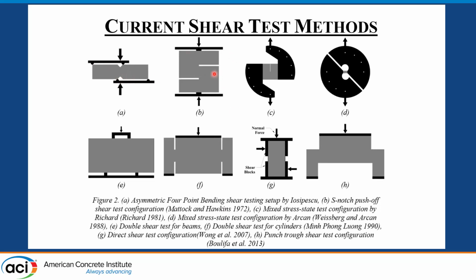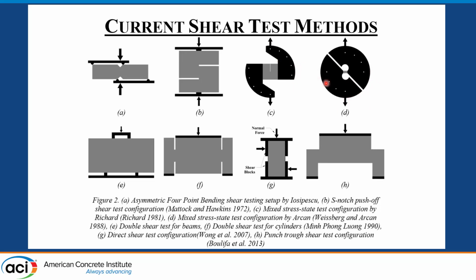The other one, the S-notch, we also expect to have a shear between the two notches and expect a fracture in that part. C and D are more used for testing adhesives or fibers under shear or a mixed stress state.